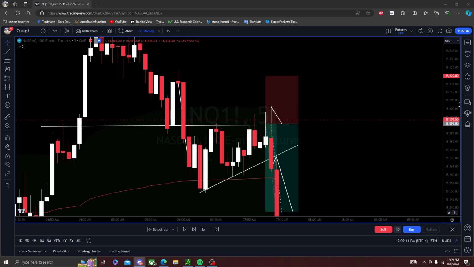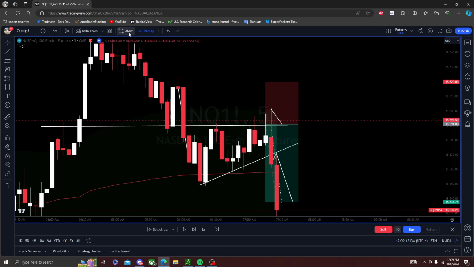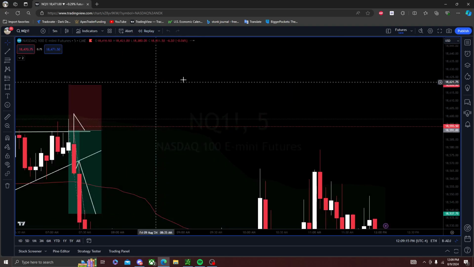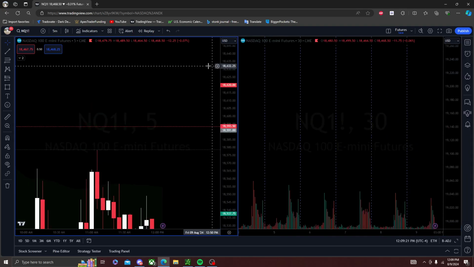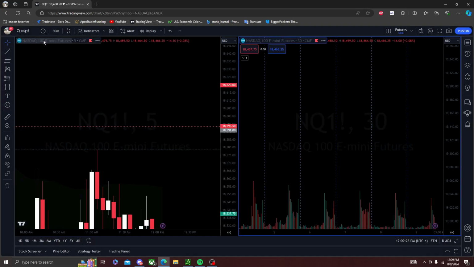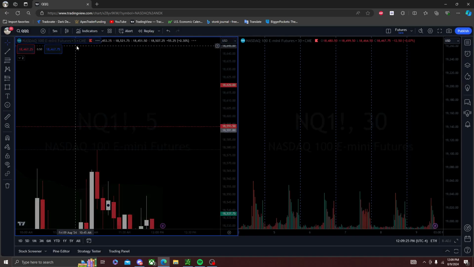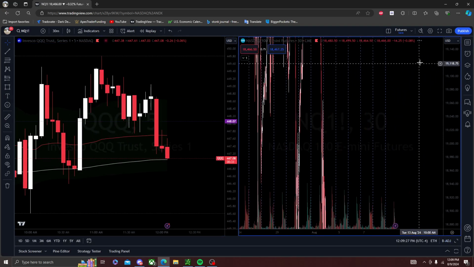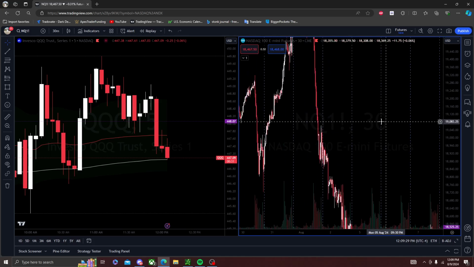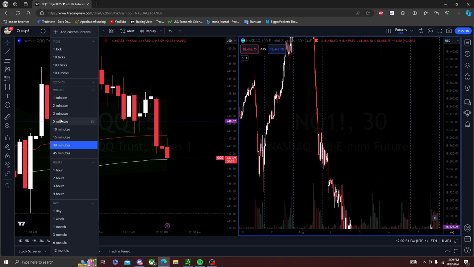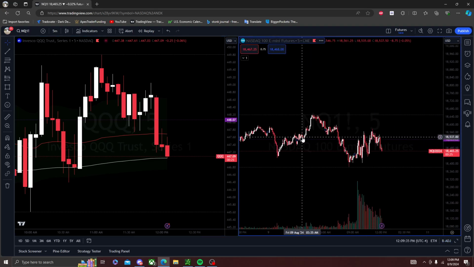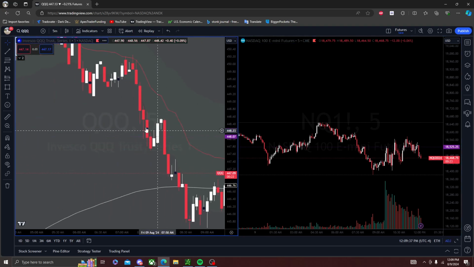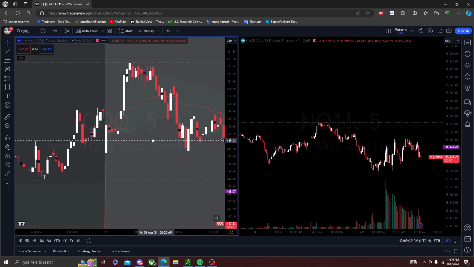Yeah, so with QQQ and NQ, they literally are the exact same thing. In all honesty, it's really no difference. So if we just pulled up a QQQ chart and an NQ chart, pull up the same exact time frame here, go to the 5 minute, chances are it's going to be the same exact thing.